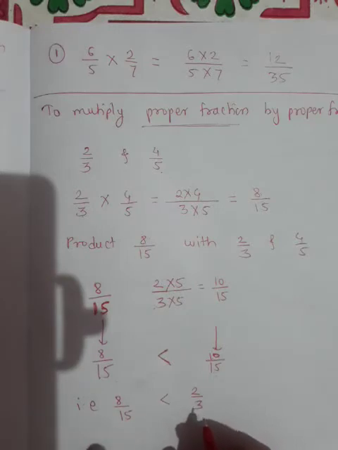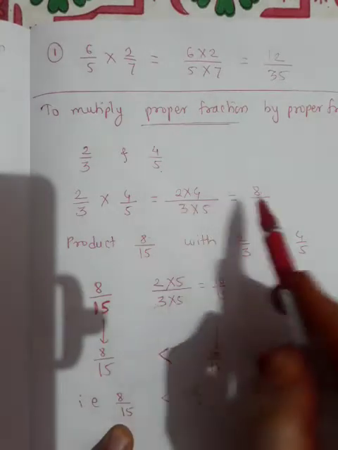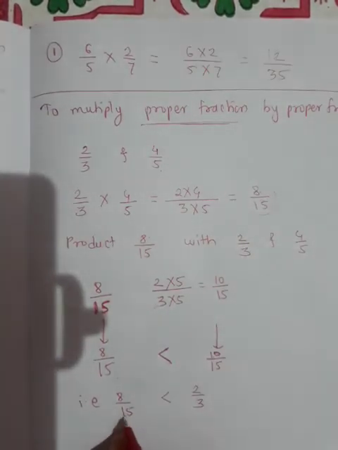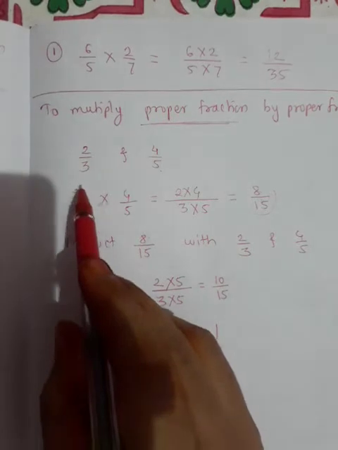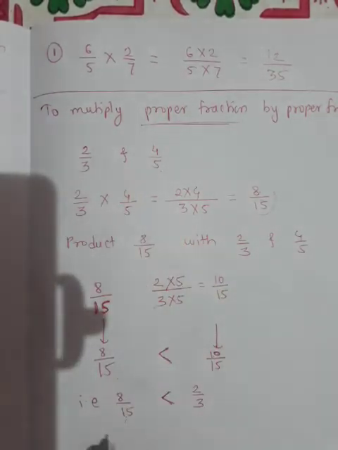Means what? When we multiply two proper fractions, then the product is less than this first fraction. Okay, now see about 4 by 5.